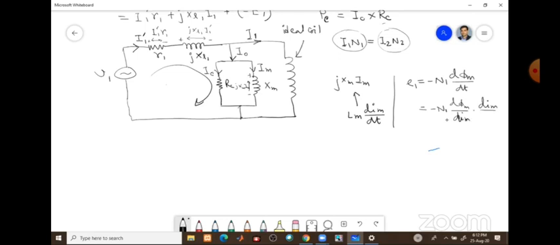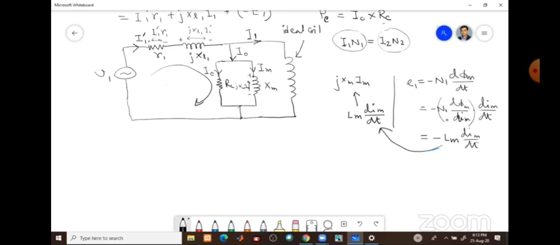Mathematically we can write this, isn't it? So d phi m by im times dim by dt. This part we have already defined, this part is basically L M and this is dim by dt. So this I have written it here.